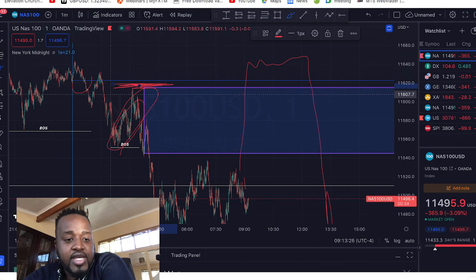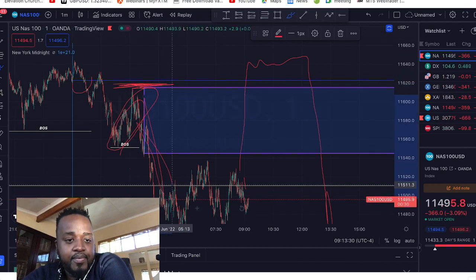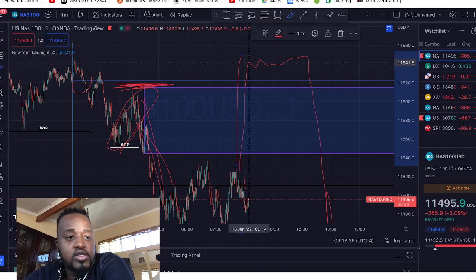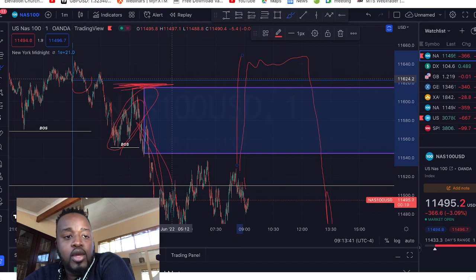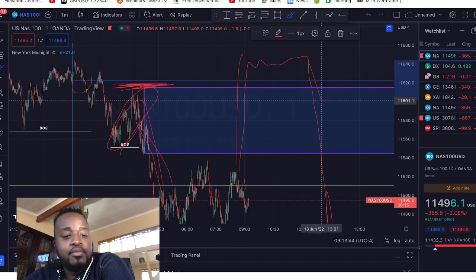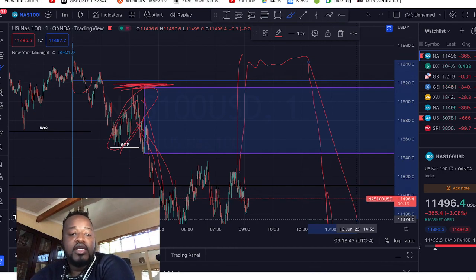People who have taken this low have all put their stops above here. So I'm expecting price to go up and take out those stops, and that would put us just above the New York midnight price line, and that means we're in a premium market. Now we can get ready to take sells. Until that happens, I'm not taking any sells, and I'm not taking any buys. I'm waiting for that.